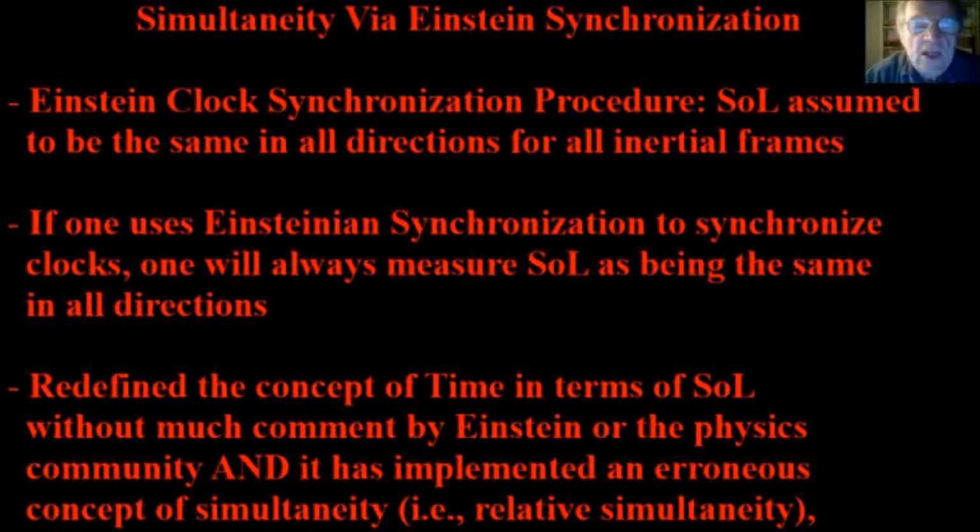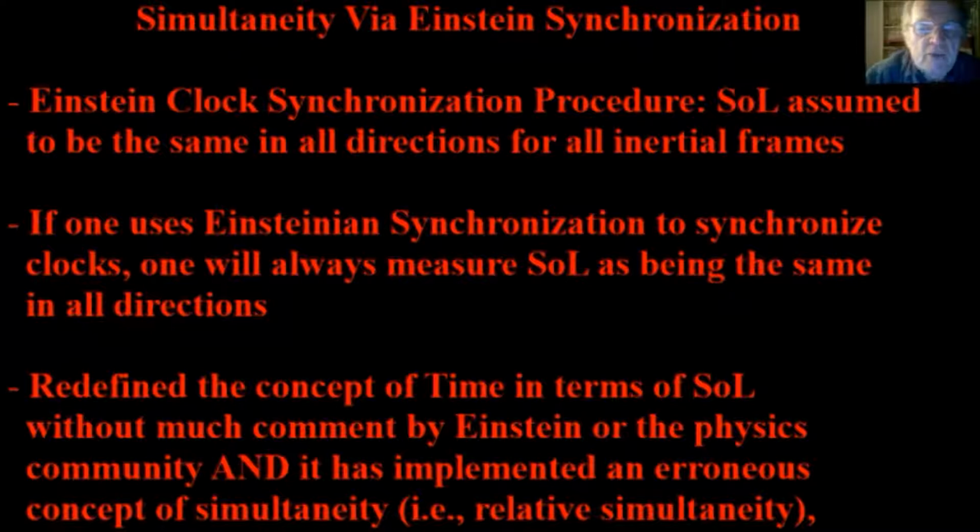The Einstein synchronization procedure assumes that the speed of light is the same in all directions for all inertial frames. We're going to see that basically what's assumed by the synchronization procedure guarantees that people will observe the speed of light to be the same in all directions, in all inertial frames.